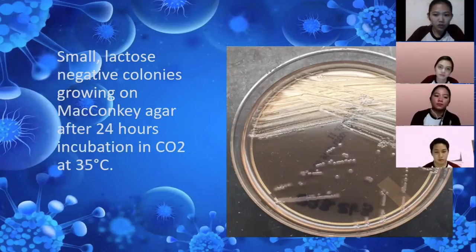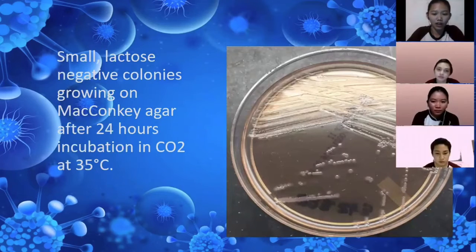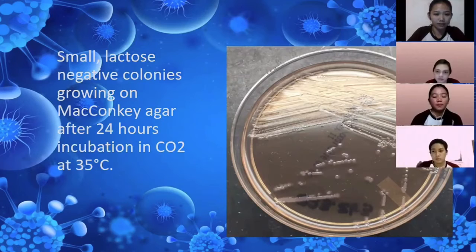Here, it shows clear colonies, and it is a non-lactose fermenter. It cannot ferment lactose, and when an organism cannot ferment lactose on MacConkey agar, the colonies will appear colorless or sometimes medium orange to amber.